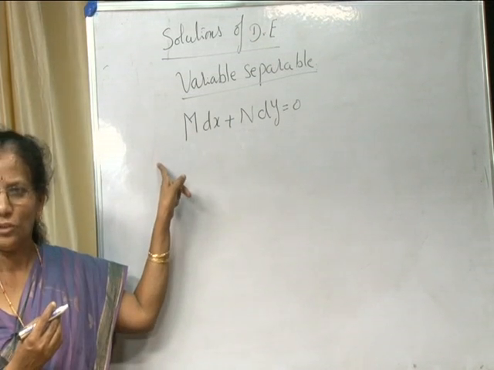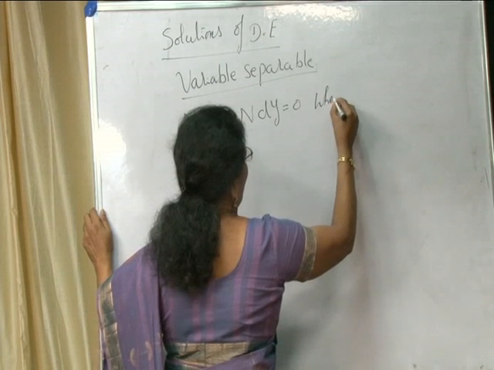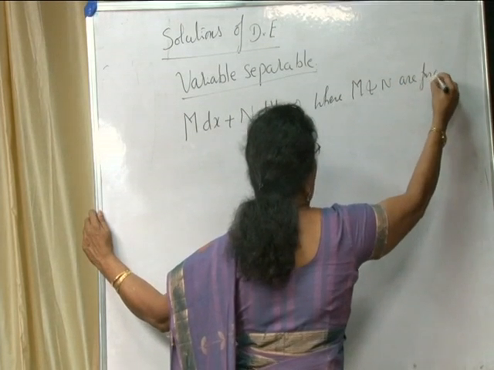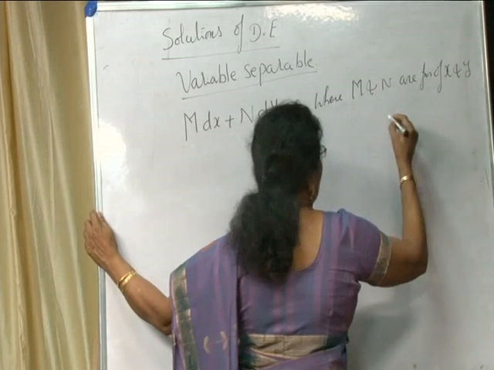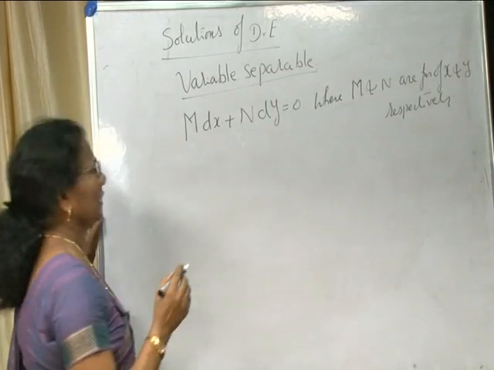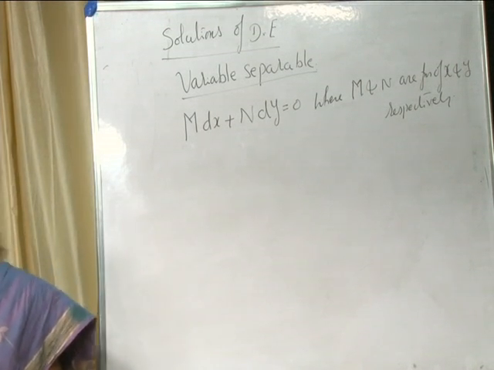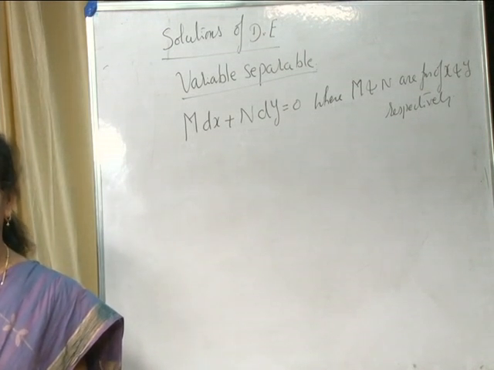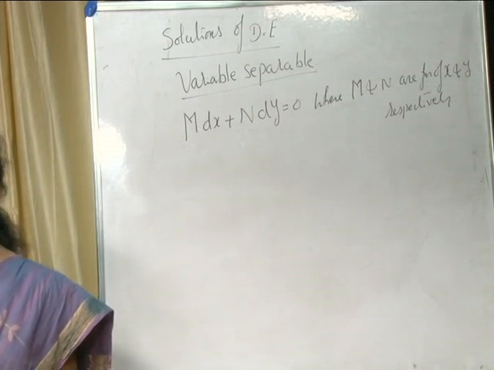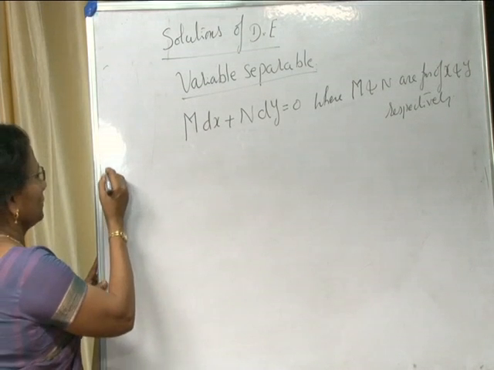So m is a function of x, n is a function of y, where m and n are functions of x and y respectively. Once we separate like this, the terms connected with x put with dx, the terms connected with y put along with dy. Once we make a group like this, just by integrating we will get the solution of the given differential equation. Let us take a very simple example, simple problem.